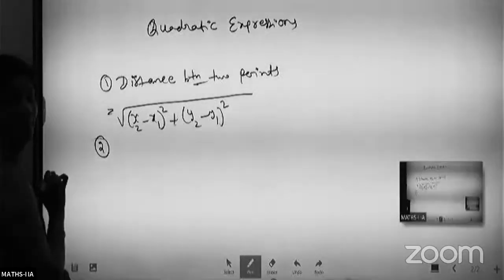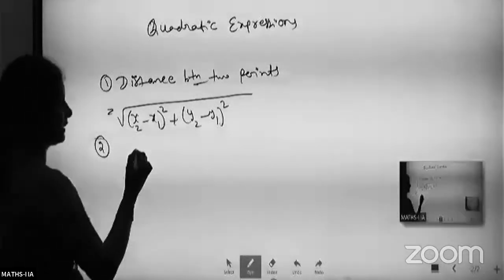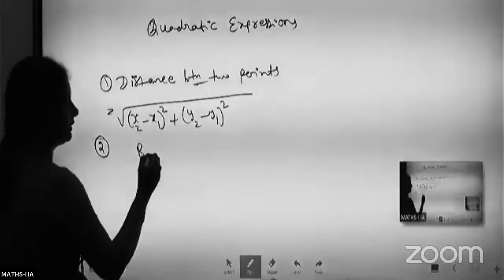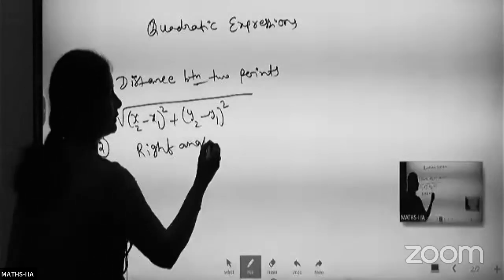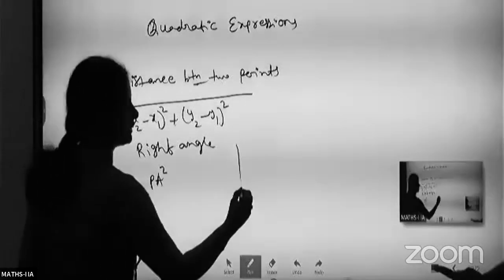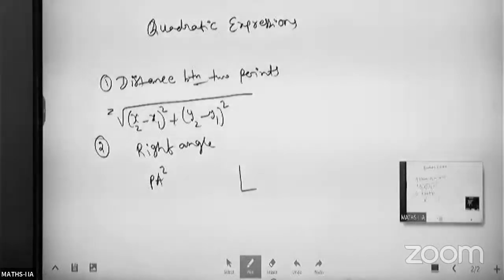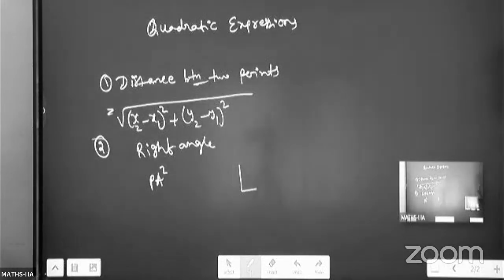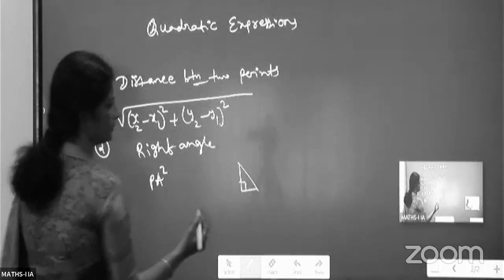Similarly, the second one, Pythagoras theorem. Suppose the question is on a right angle triangle. What is the right angle triangle concept? If the condition is right angle, so here what is the condition? Like this is the right angle triangle, with the right angle here.